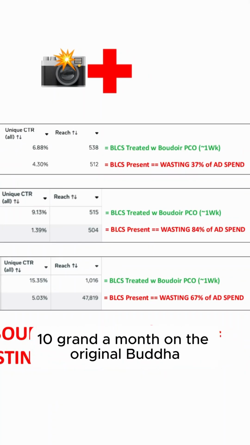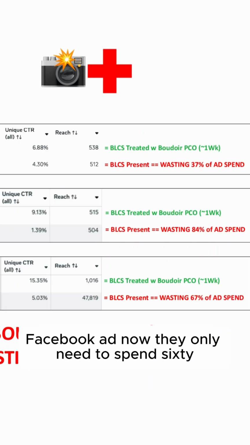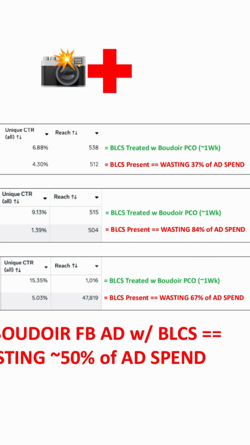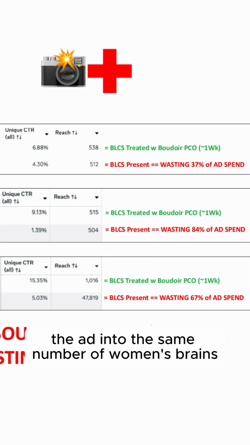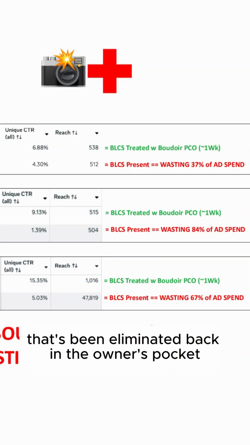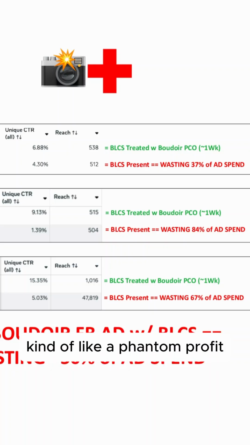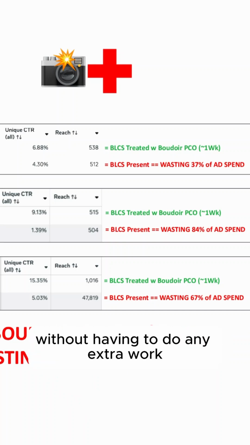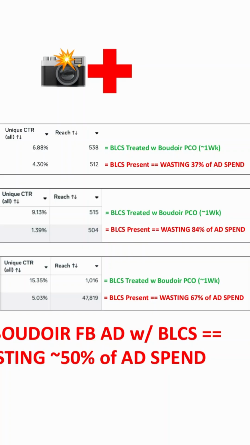So if they're spending 10 grand a month on the original boudoir Facebook ad, now they only need to spend 6,300 bucks a month on the boudoir Pico treated ad in order to get the ad into the same number of women's brains in both scenarios. So 3,700 bucks a month, wasted ad spend, eliminated, back in the owner's pocket. They no longer have to spend it, kind of like a phantom profit. And that's like 40K over the next 12 months without having to do any extra work.